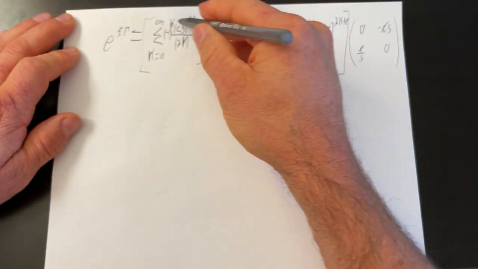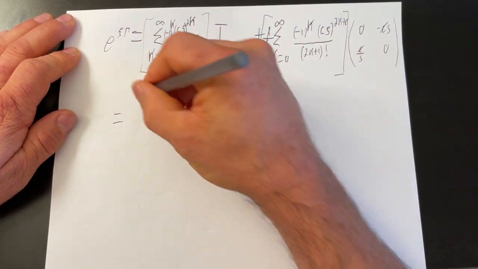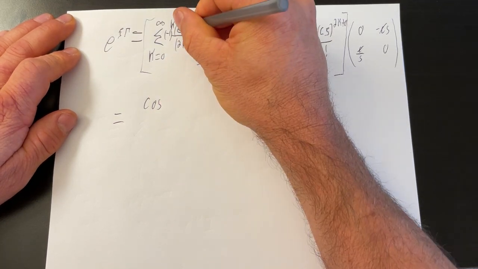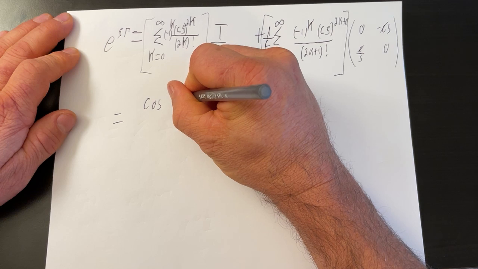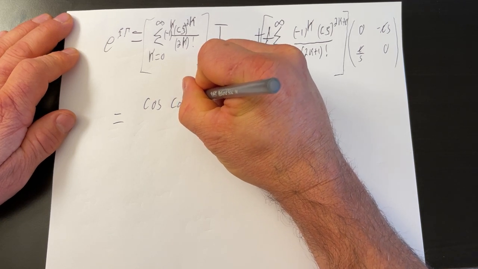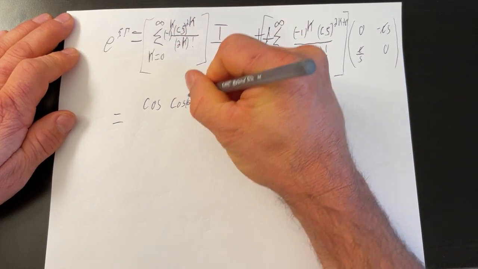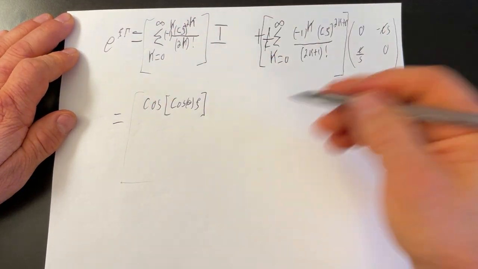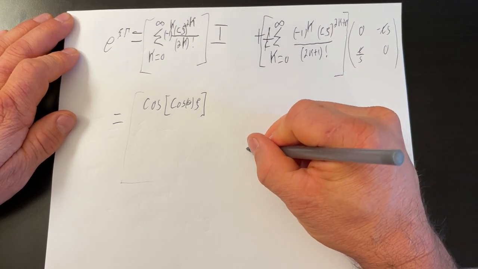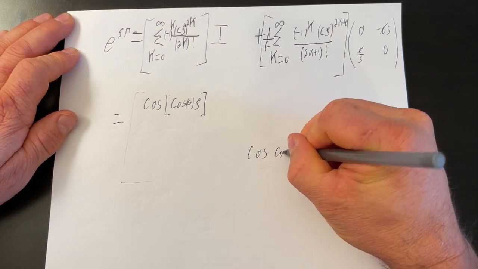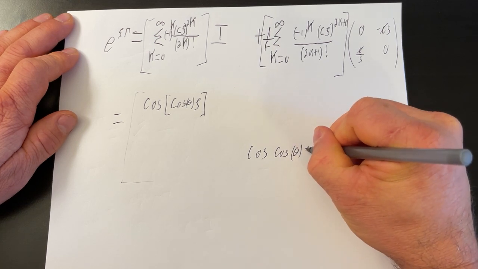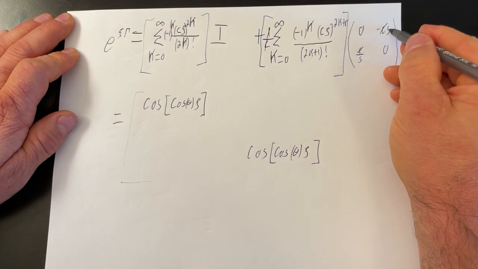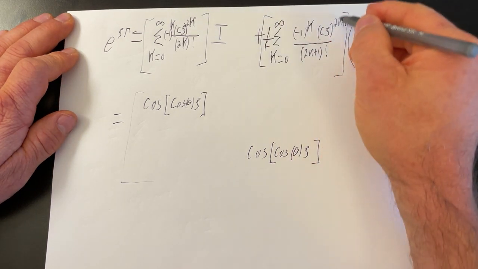The thing that's inside of this parentheses is cosine of theta, that's the c here, times c, right? So that goes across the diagonal. Okay, and then here on the anti-diagonal, we have this sine times whatever that is.